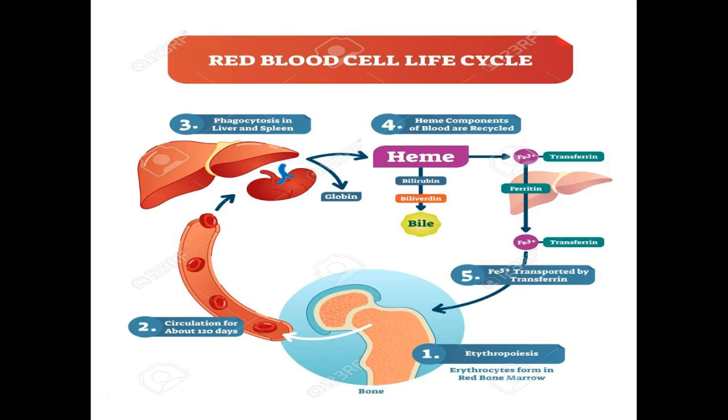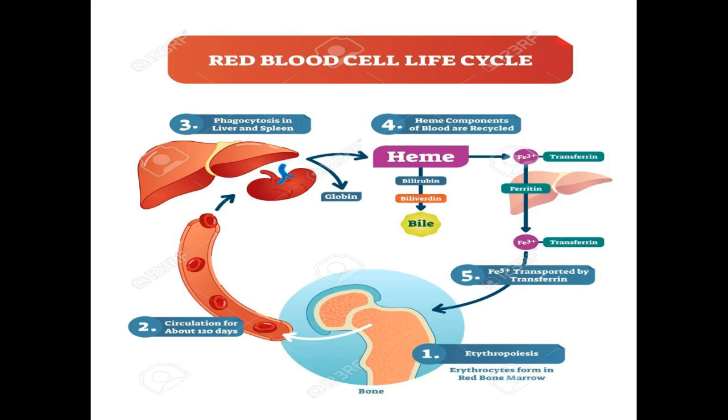So the heme from the liver is recycled back to the bone marrow. A portion of the heme, bilirubin, is then placed into bile. That bile then, we know what bile does.